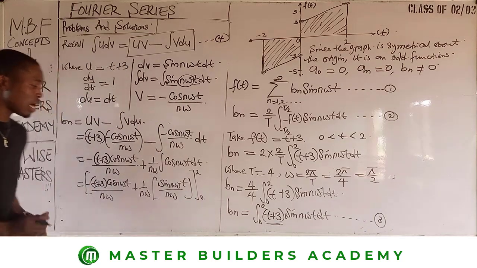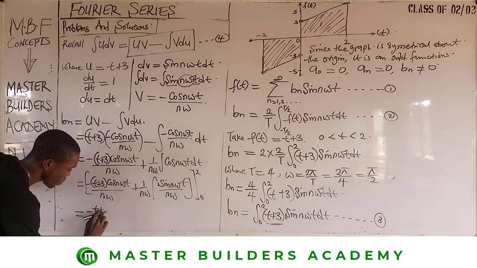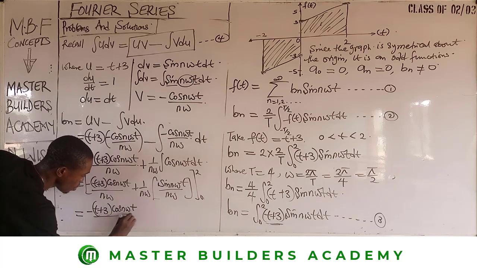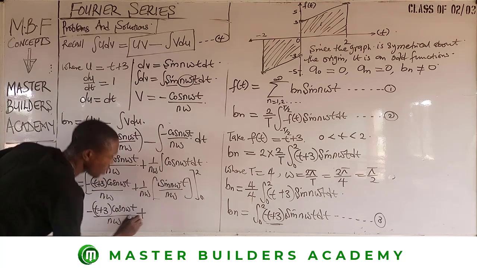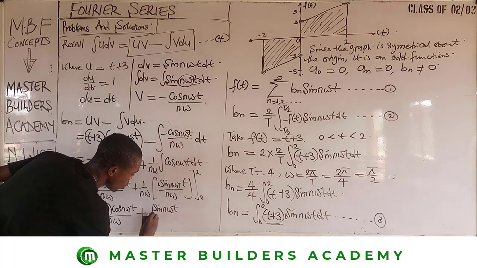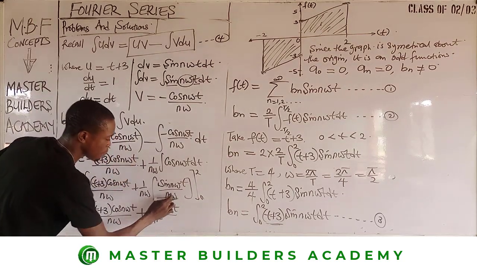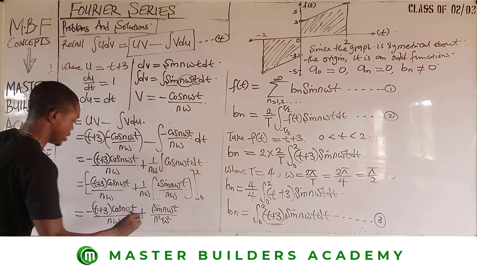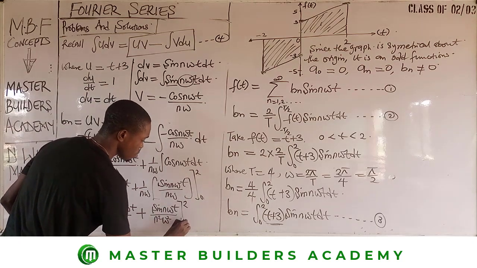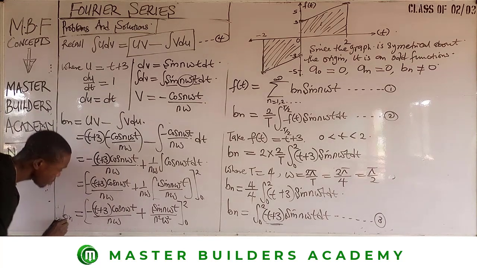If we open the bracket, our Bn is minus (t plus 3) cos n omega t over n omega, then plus sine n omega t over n multiplied by n, which gives n squared, and omega multiplied by omega gives omega squared, all into 2, 0.